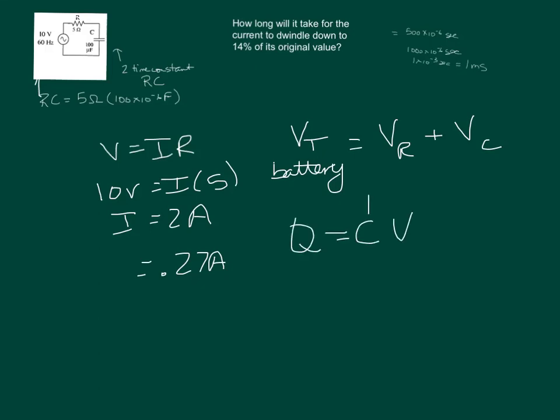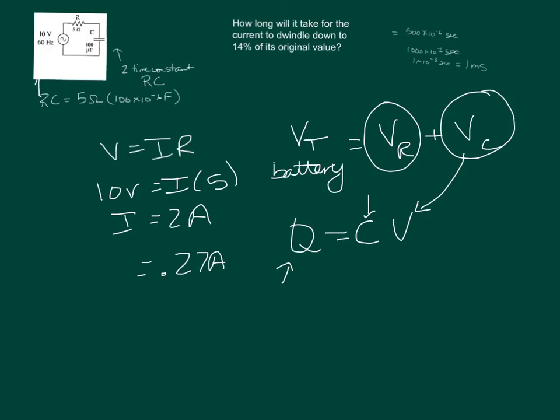Well, remember, C is the capacitance, so that's a constant. And if we know the voltage drop across the resistor, we can find the voltage drop across the capacitor. So we know V, and so we can calculate Q. And it turns out the relationship for Q is the same as the relationship for I, except instead of it dwindling, it gets bigger.